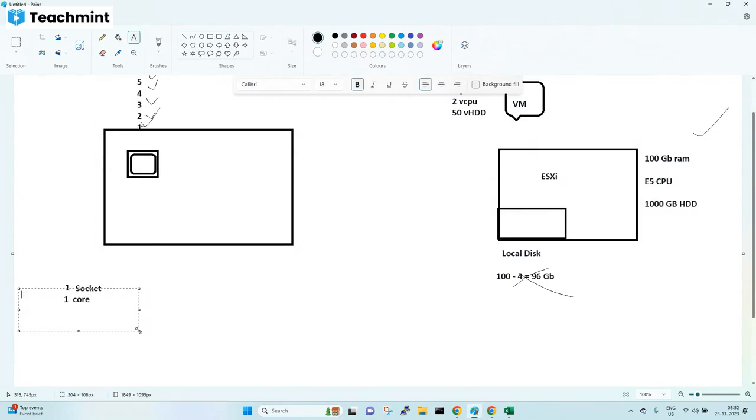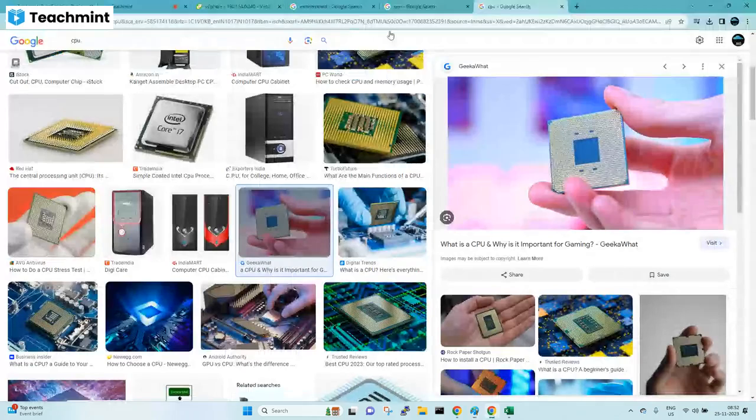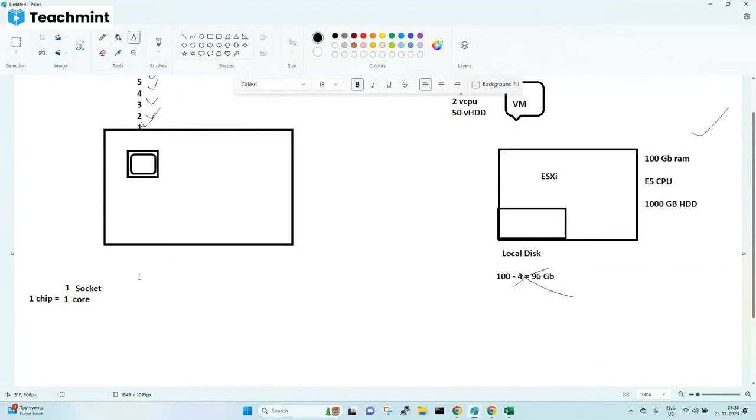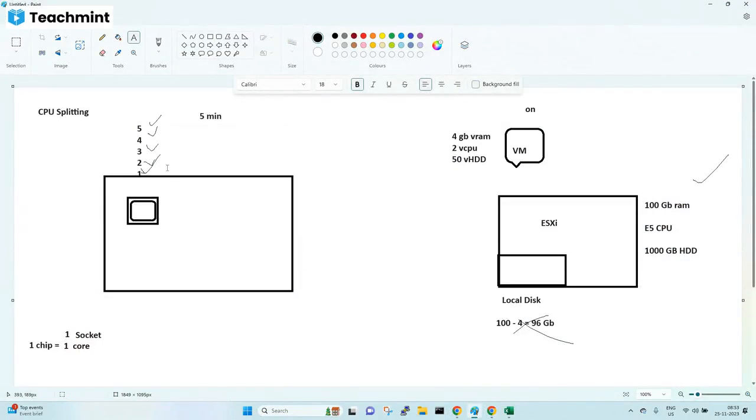One small chip of processor, one core, which is one processor like this. It can execute one instruction at a time. Clear? One socket and one core. It's clear, right? How it used to execute.